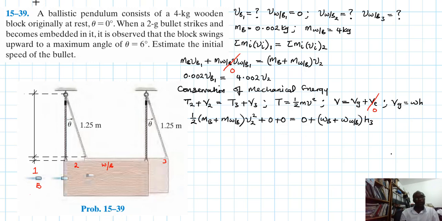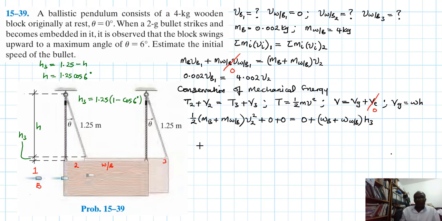Let's call this H. Let's call this H3. So say H3 is equal to 1.25 minus H, and H is just equal to 1.25 cos 6, and therefore H3 is just equal to 1.25 times 1 minus cos 6.